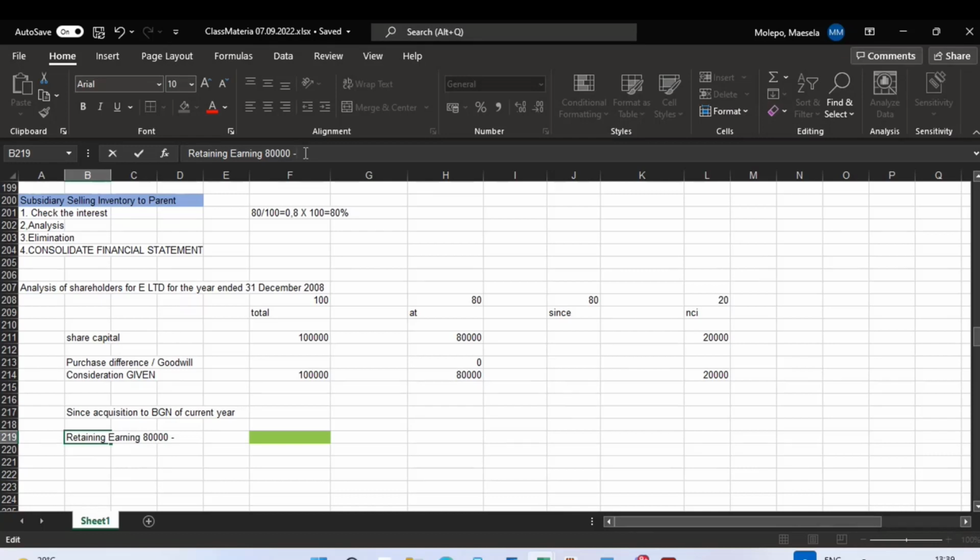But at the beginning of the year, if it was unrealized yesterday, it's still going to be unrealized tomorrow morning, right? So the profit which was unrealized, which you have to deduct, was from the inventory which was not sold yesterday when we closed our business, which was 40,000. So we'll say 40,000 multiplied by, it was at a markup of 25%, 25 divided by 125. So it's the one that we're going to deduct here.